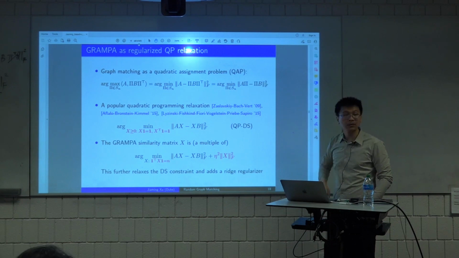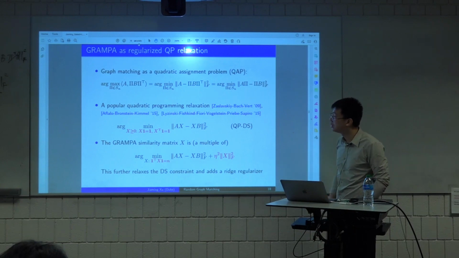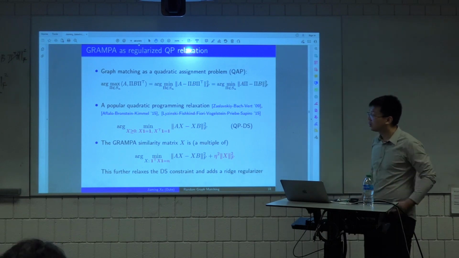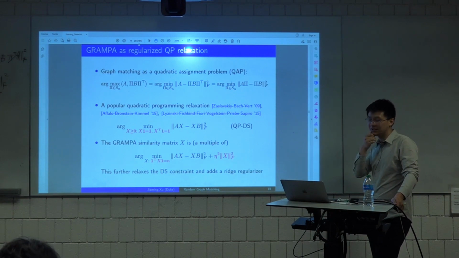Is there any formal relation between these two relaxations? You mean these two? Yeah. It might be possible to study the values of the two optimization programs and say something.